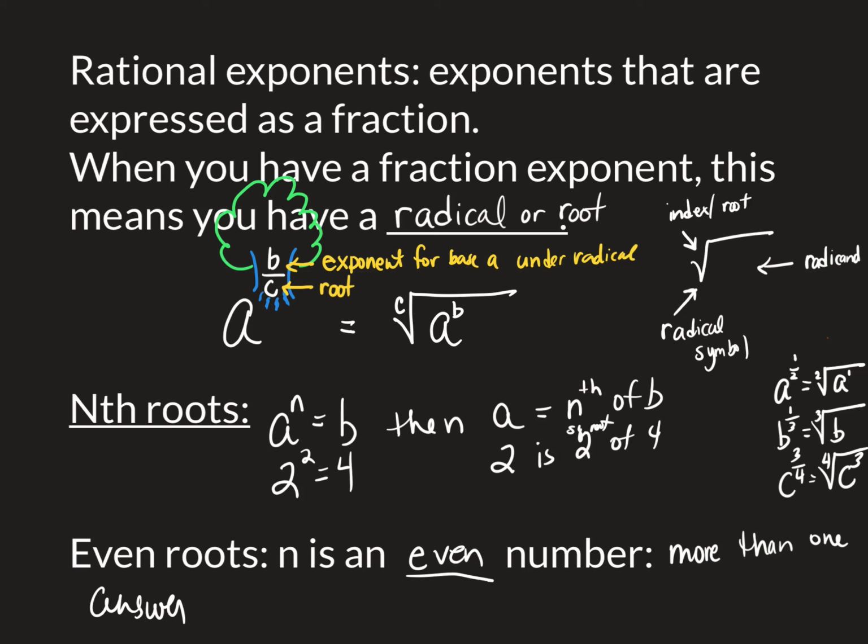So if you're solving x squared equals 4, and we know from nth roots, if x squared equals 4, then the square root of 4 is equal to x.